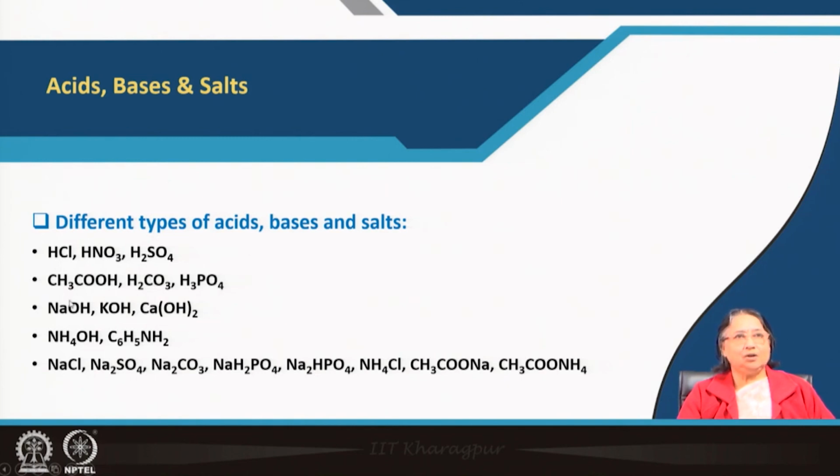Then some bases are also shown: NaOH, KOH, calcium hydroxide, ammonium hydroxide, aniline, which is an organic base, and salts like sodium chloride, sodium sulphate, sodium carbonate, sodium dihydrogen phosphate, disodium hydrogen phosphate, ammonium chloride, sodium acetate, ammonium acetate.